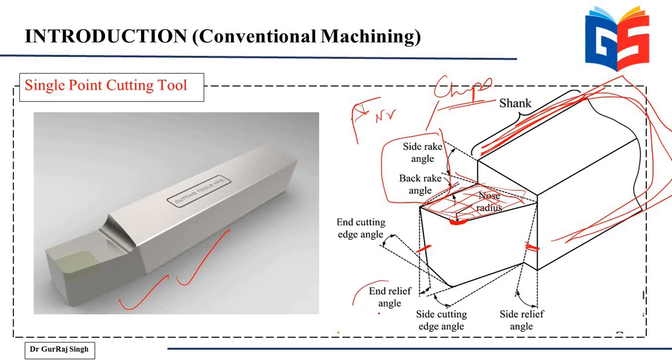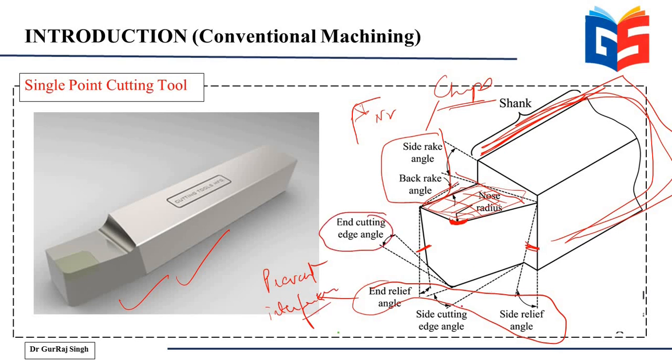So the end relief and the side relief, these two angles are to prevent interference. And then you have the end cutting edge angle and the side cutting edge angle. These are basically the angles that your end cutting edge and the side cutting edge are making with the perpendicular. So this is the geometry of a single point cutting tool.